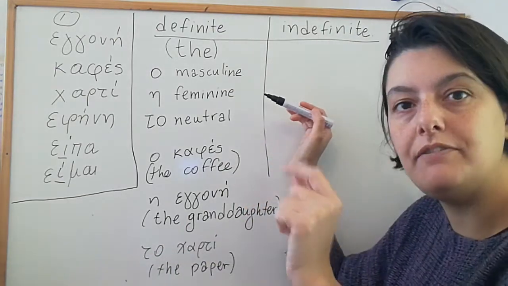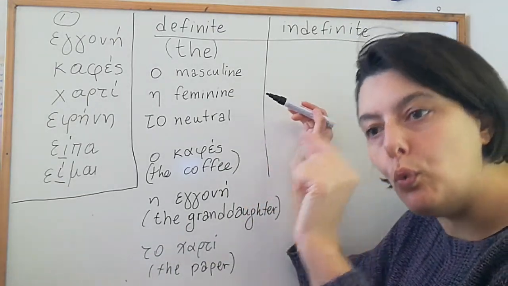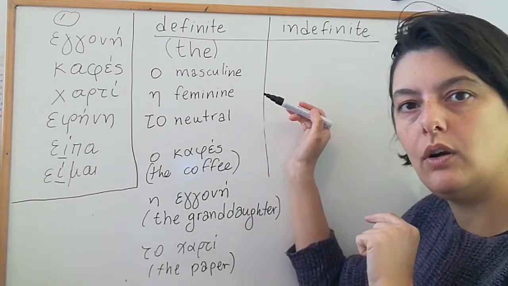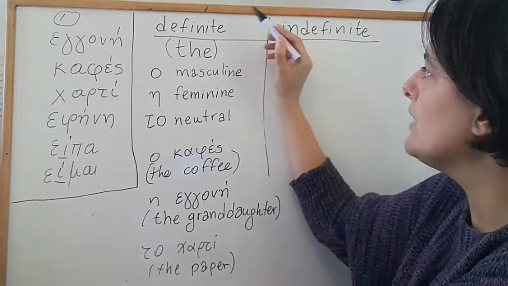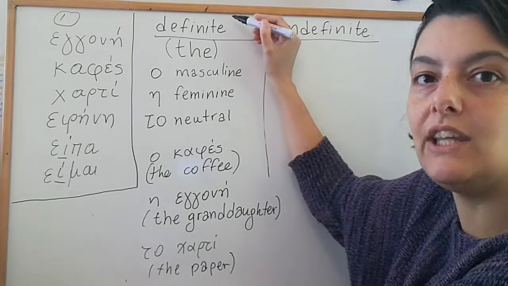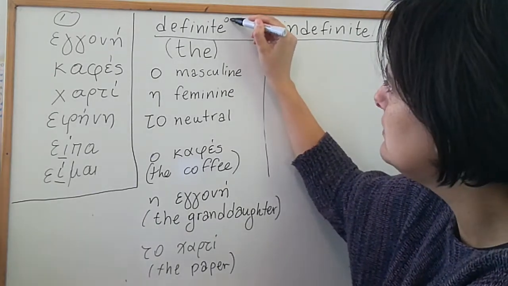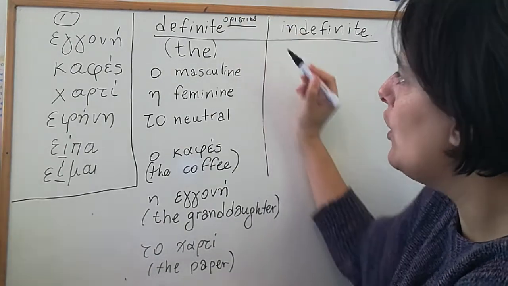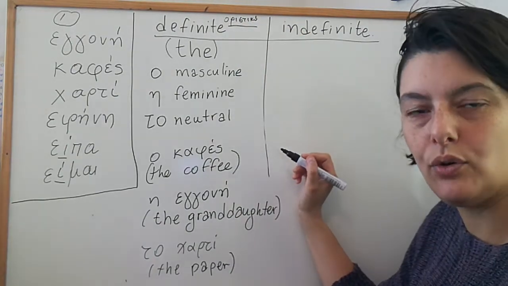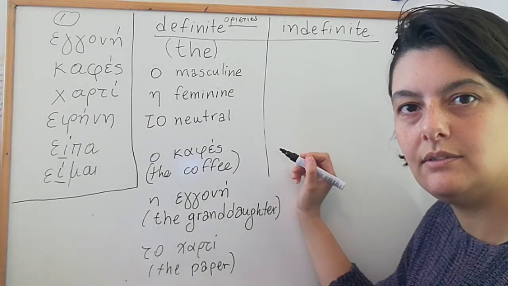That's why we call it definite, because we define which thing. Okay. In Greek, in case you want to know, definite means οριστικό. Οριστικό άρθρο, the definite article.